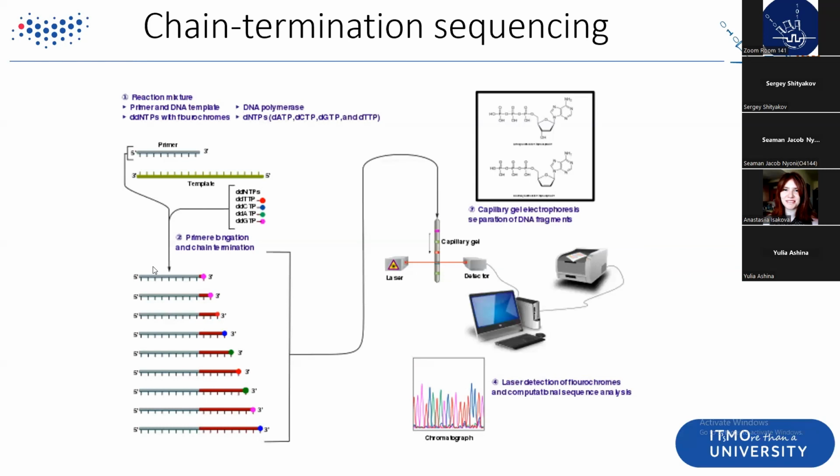It also includes relatively poor quality of the first 15 to 40 bases of the sequence due to primer binding, and the quality of sequences deteriorates after 700 to 900 bases.